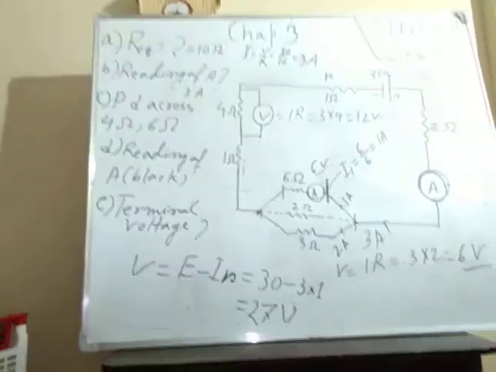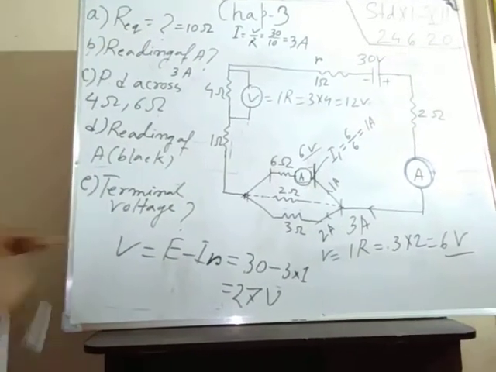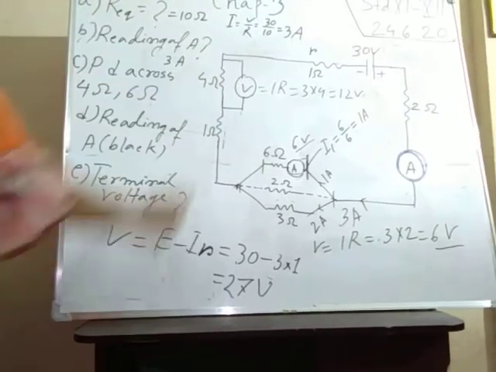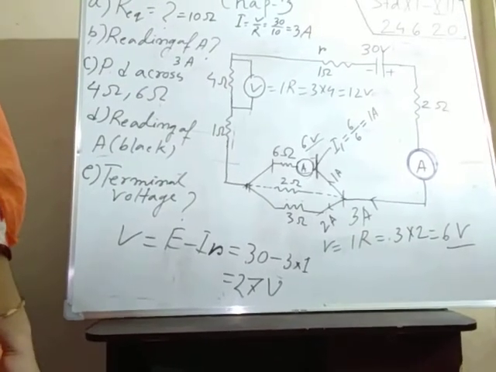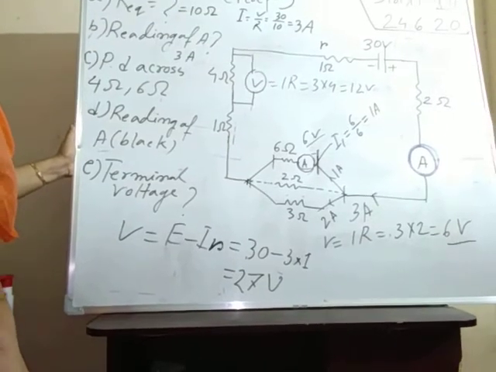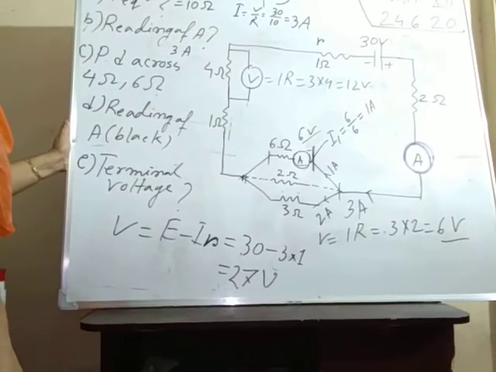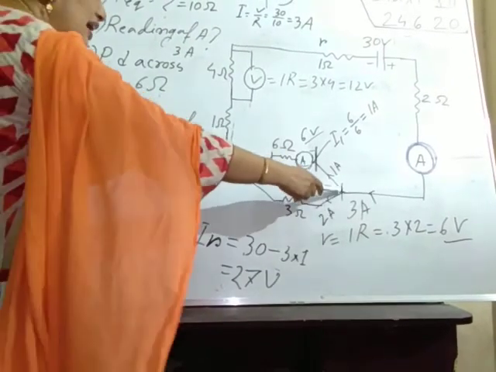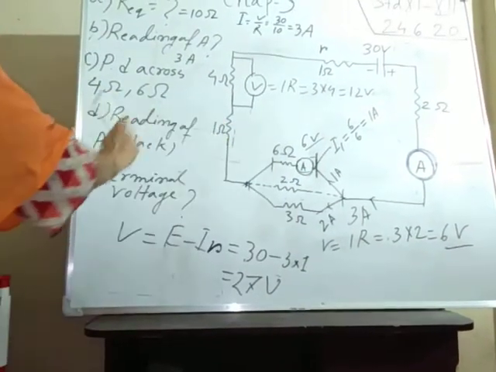Again in another way I can show you. This becomes 27 volt. Look, across 2 ohm resistance the voltage will be what? If 3 ampere current passes through 2 ohm resistance, then voltage across 2 ohm will be equal to IR, that is equal to 6 volt. Now here also 6 volt, 6, 6, 12.